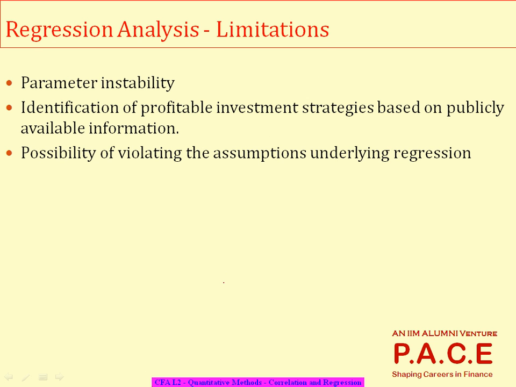Just as a last point in this, regarding the limitations of regression analysis, there could be parameter instability. I have taken one parameter which is the mean of the independent variable, the one period earnings forecast. Now if the earnings go up drastically or go down drastically, my mean will become unstable.